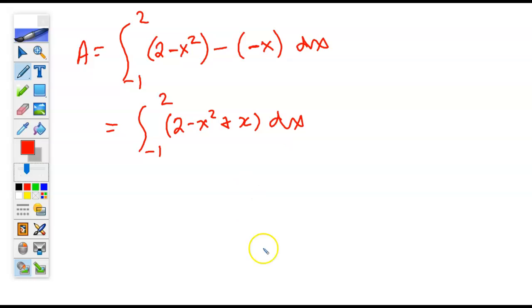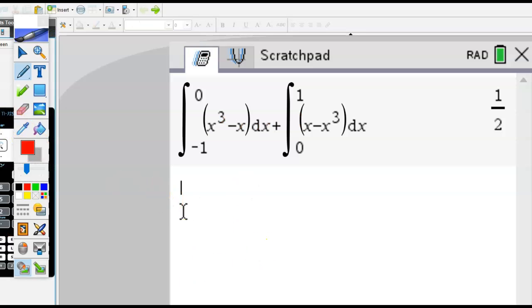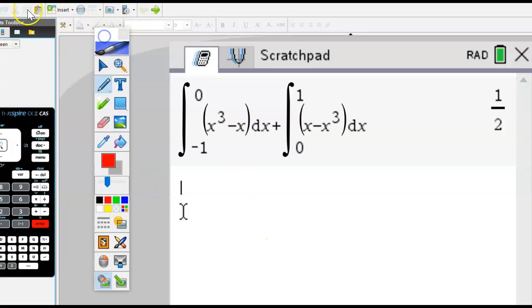And now I just get out my calculator and we'll calculate this again.